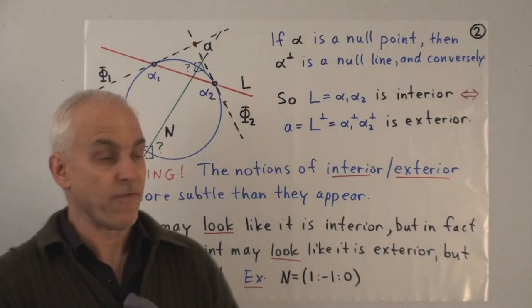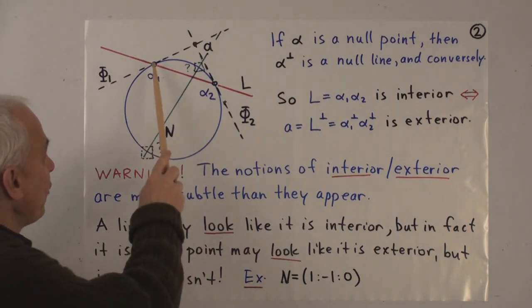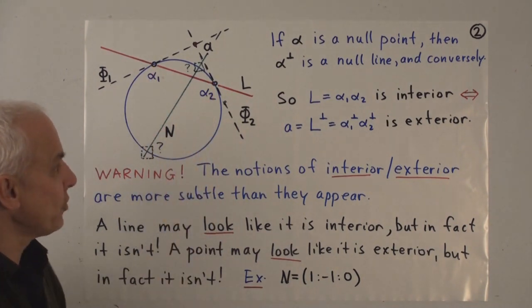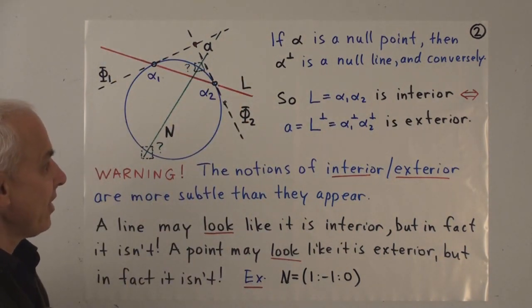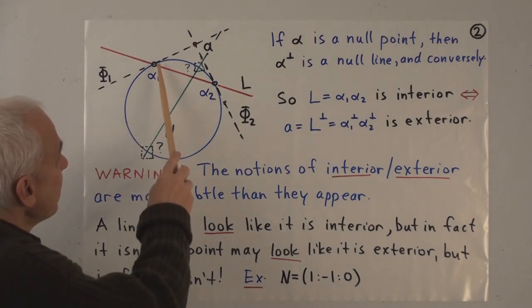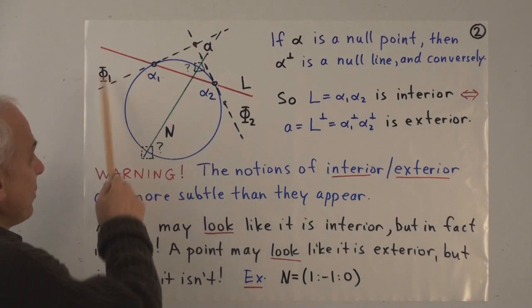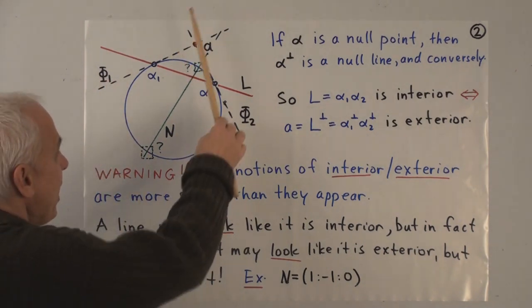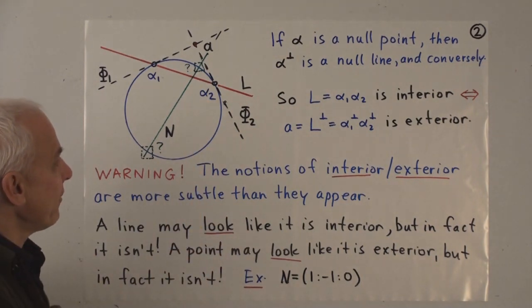So here's our picture for that situation. There's our null circle. There's two null points, alpha 1 and alpha 2. So the line joining them, L, is an interior line. And null lines, for example, the tangent to the circle at alpha 1, let's call that phi 1, is a null line, and so is the tangent to the null circle at alpha 2.